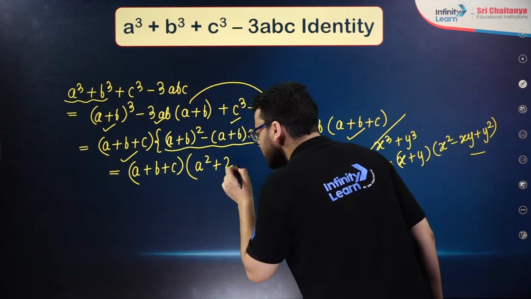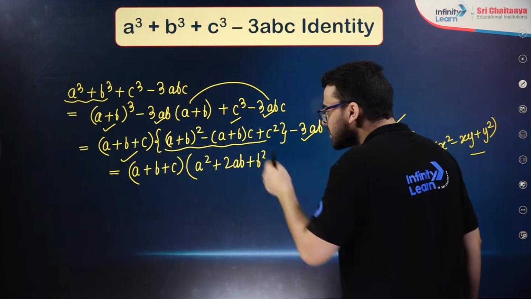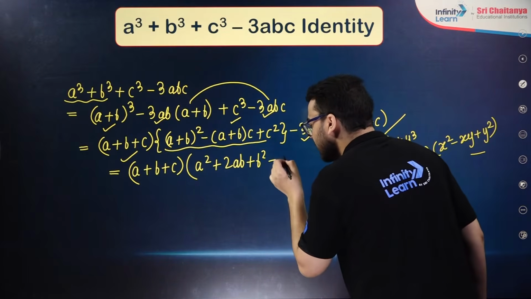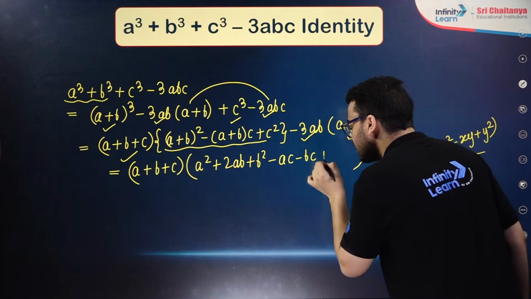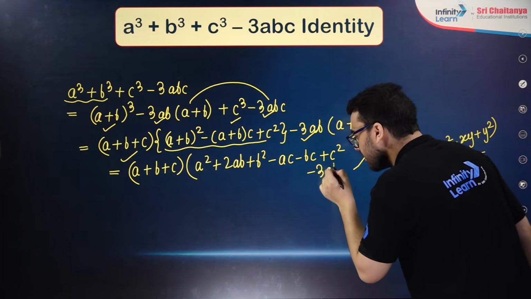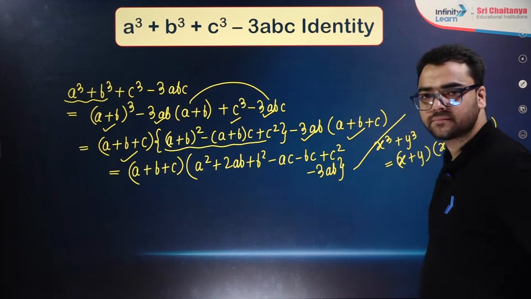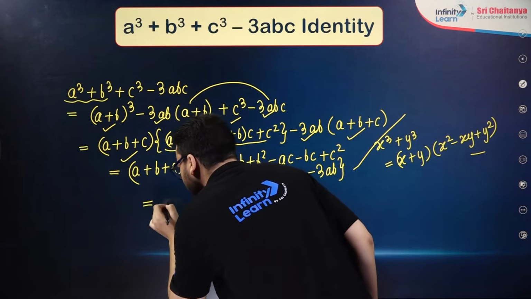A square plus 2ab plus b square. Correct? And then this part is minus ac minus bc, and then you have got c square, and then minus 3ab over here. You see this, right? And then you can further simplify this.